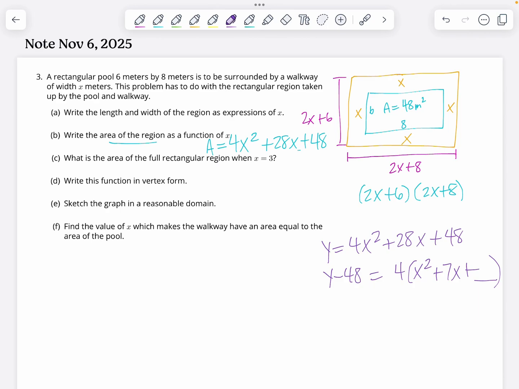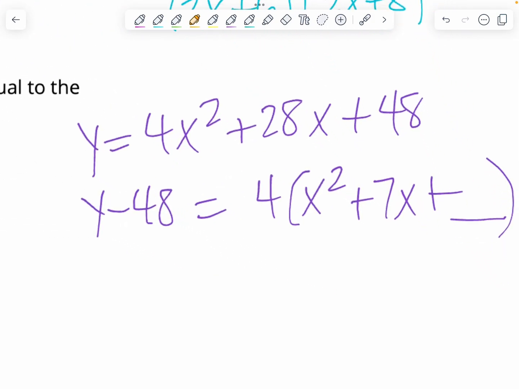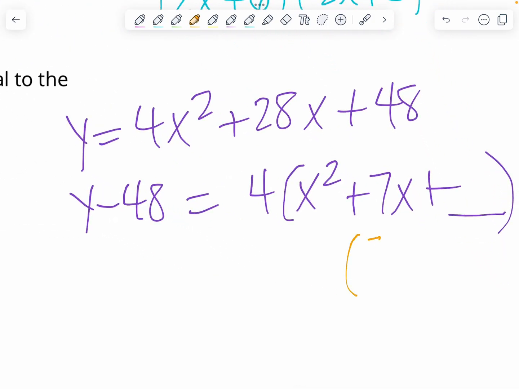So factor out that 4, you're left with x squared plus 7x. And then I wrote that blank in there. So that blank is going to be half of our b value. So 7 halves squared, which is equal to 49 over 4. So 49 over 4 is going to go in this blank over here.